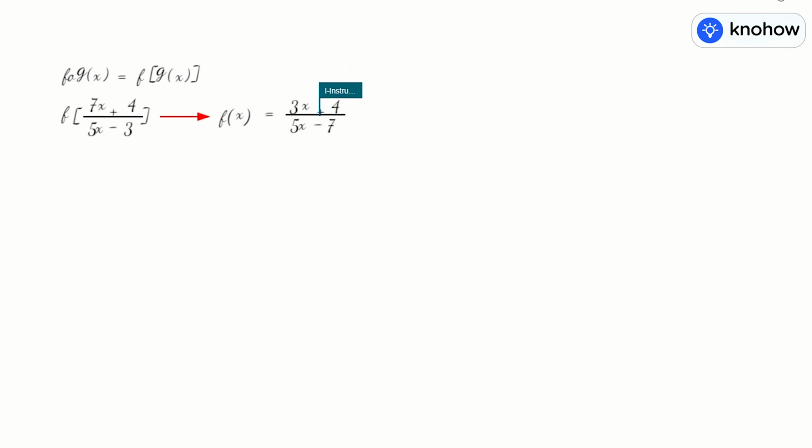So you will get 3 times (7x plus 4) divided by (5x minus 3), plus 4, divided by 5 times the same value of x here, minus 7. Take LCM in numerator and denominator and cancel and work out.